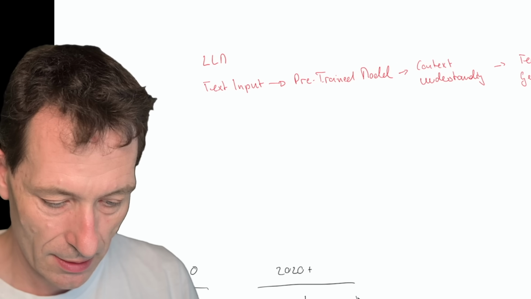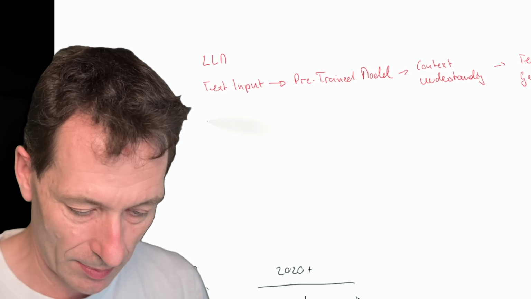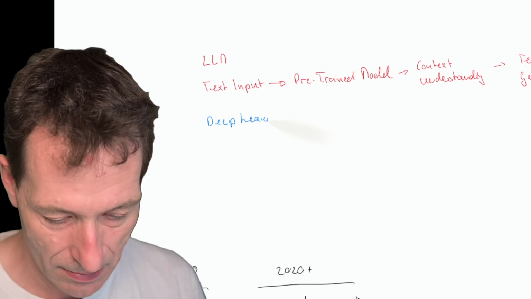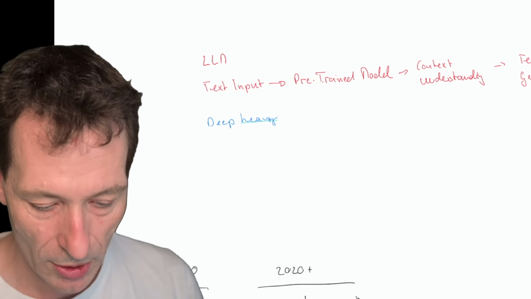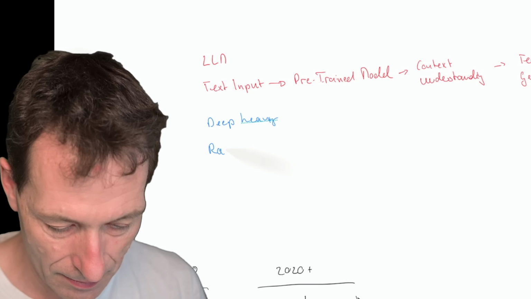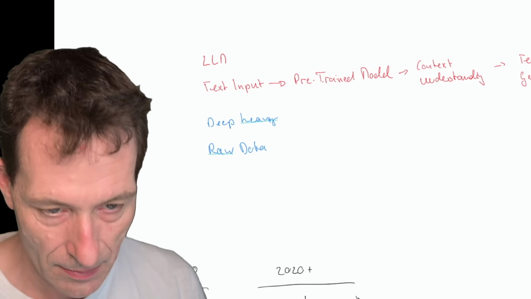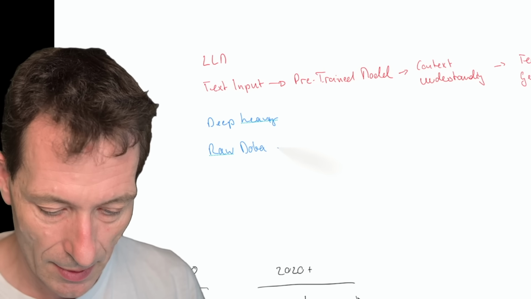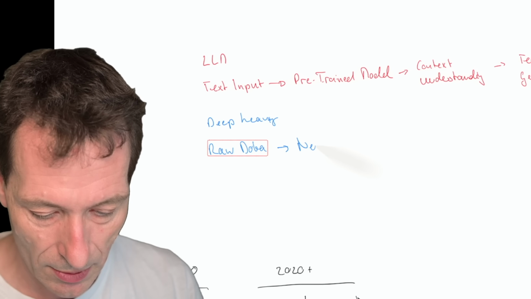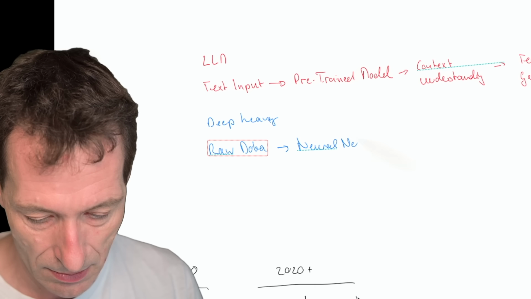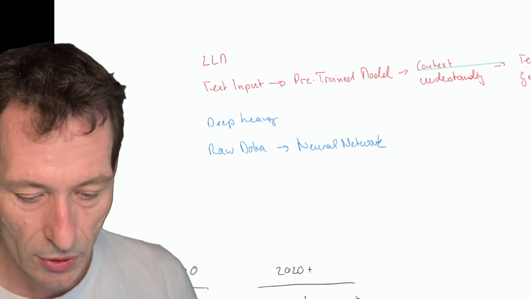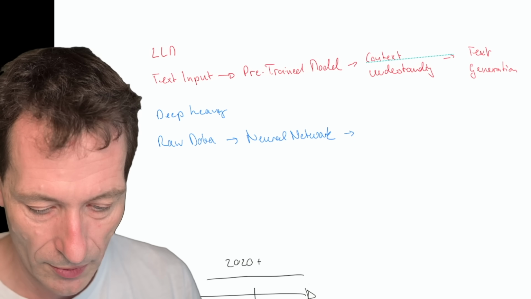Deep learning works a little bit different. The input of deep learning is raw data. Let's say some images, for example. This goes to a neural network. And this neural network then extracts features.